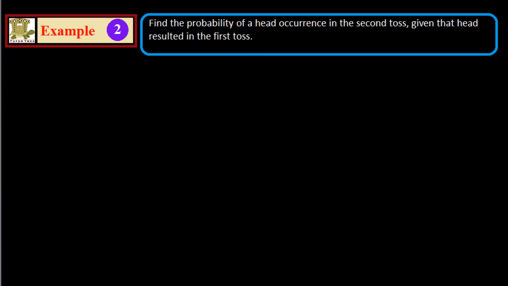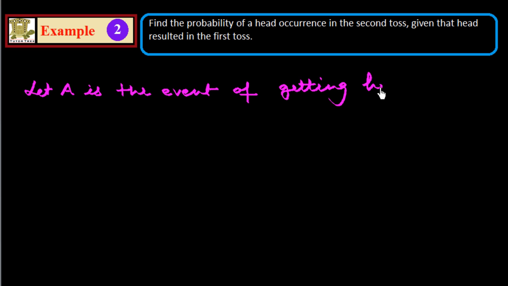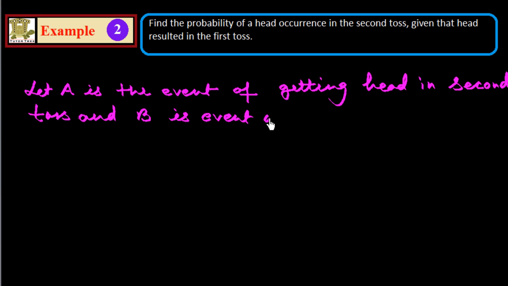So let A be the event of getting head in the second toss, and B is the event of getting head in the first toss.